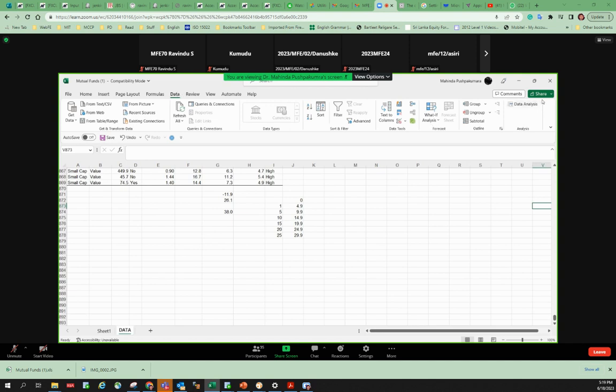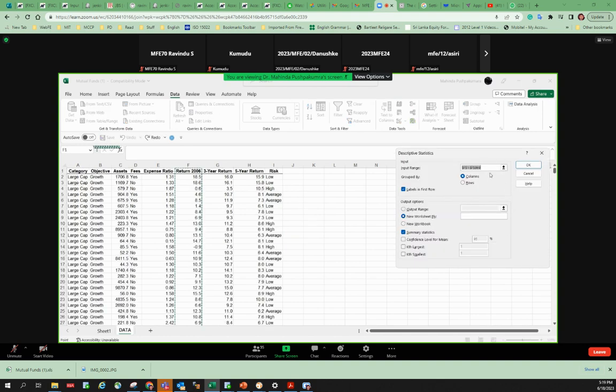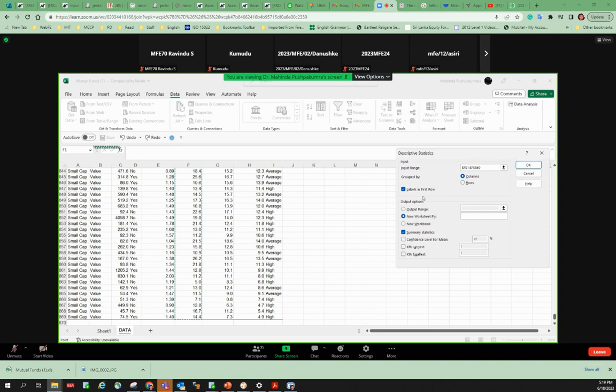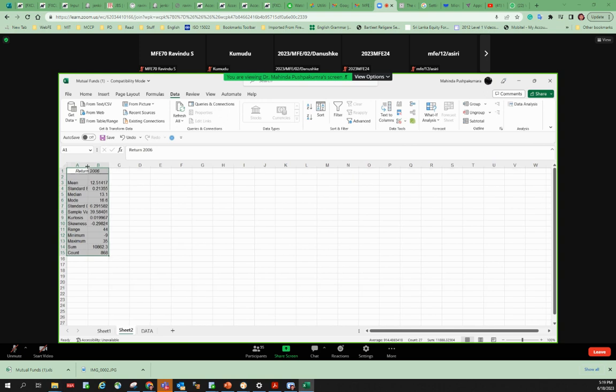Data, data analysis, descriptive statistics. Then select the variable you want to analyze. Then labels in first row, then OK. Then you can see the results.